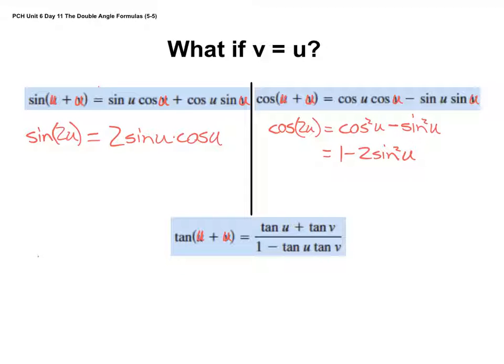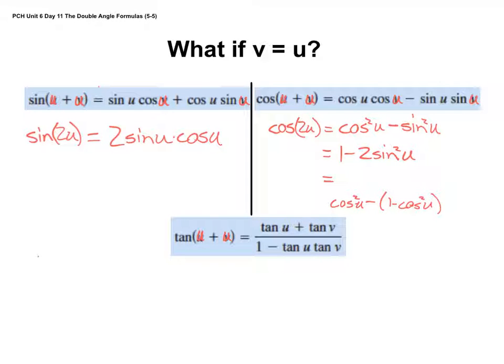What if we replace the sine squared with 1 minus cosine squared? It'll work either way, but if I plug in a 1 minus cosine squared here, I get this. What does that simplify down to?